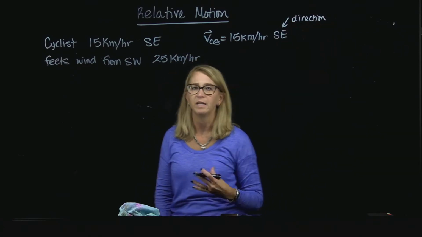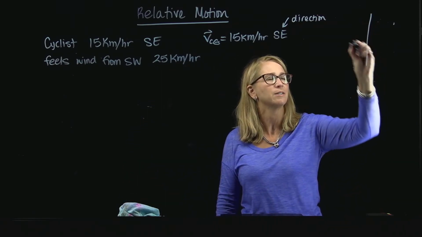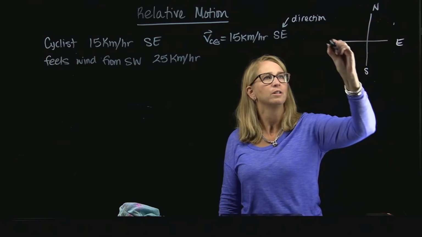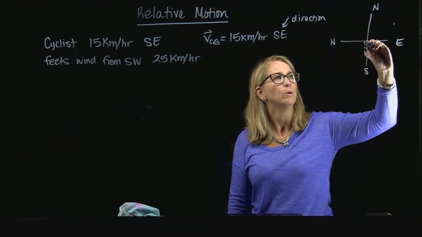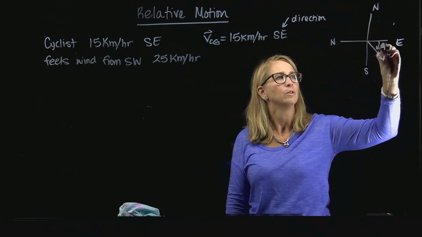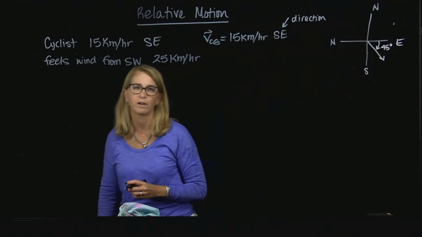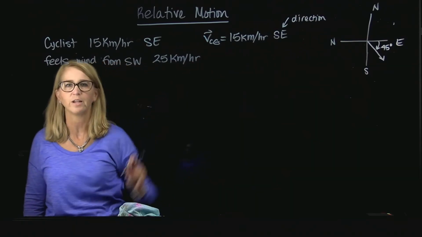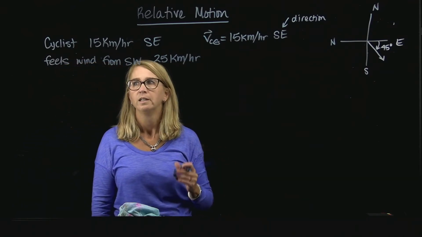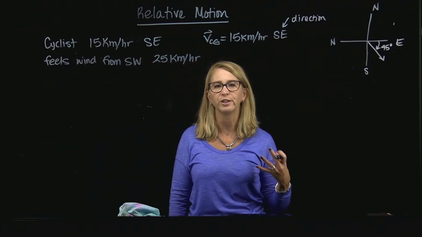And that means that he's going two different directions at once. If I think about north, south, east, west, when we say southeast, we mean directly between south and east, so it's an angle of 45 degrees. And so we're going to have to take that angle into account in a moment. Now the wind, he's feeling the wind at a particular direction and speed.